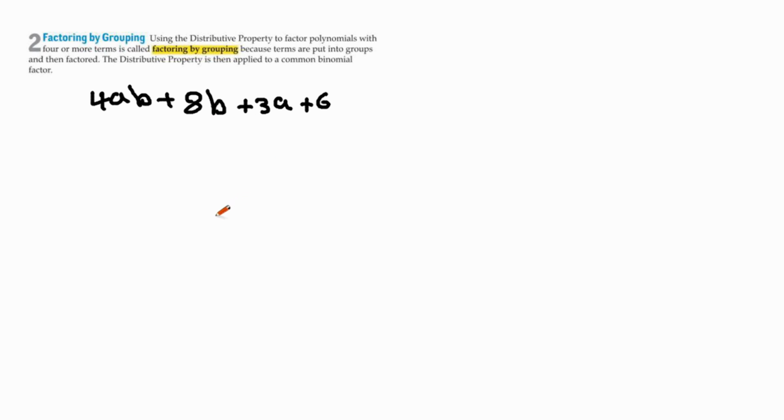Okay, let's solve this question. Example number 1: factor by grouping 4ab plus 8b plus 3a plus 6. If you focus on the 4 terms of this polynomial, you will find that the first 2 terms have a common factor, which is 4b.